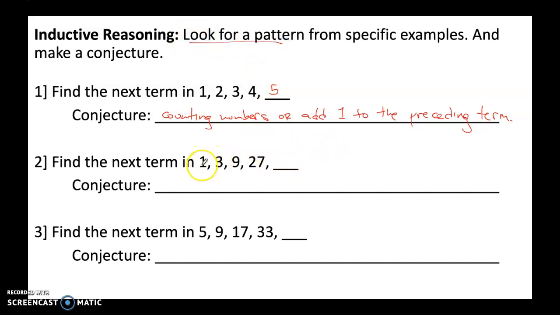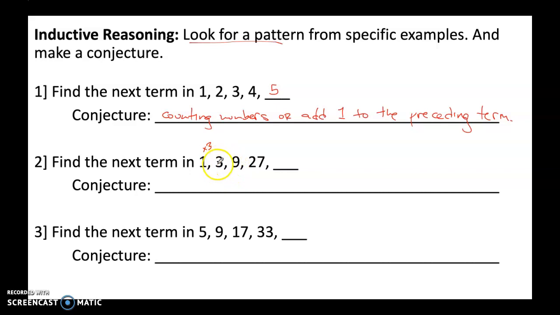From 1, it will become 3. From 3, it will become 9. From 9, it will become 27. So what can we conclude? If we multiply the preceding term by 3, 1 times 3, we get the next term, which is 3.